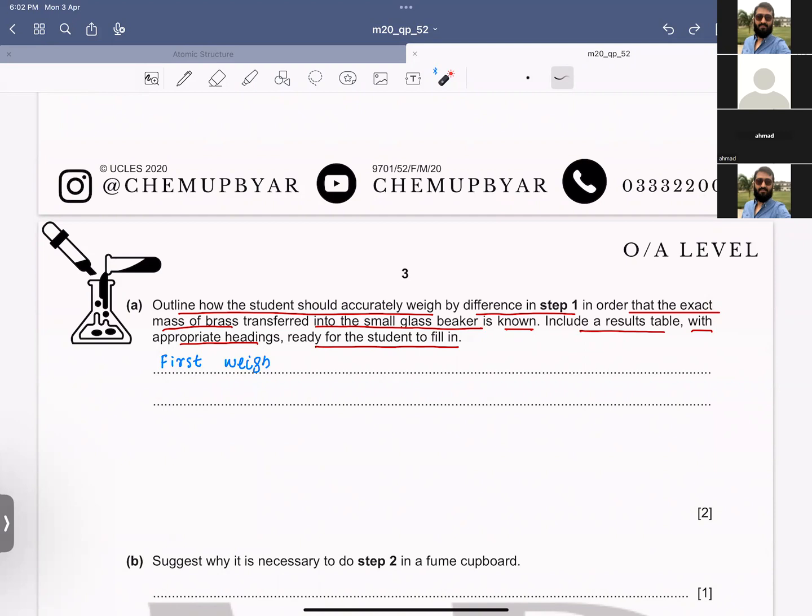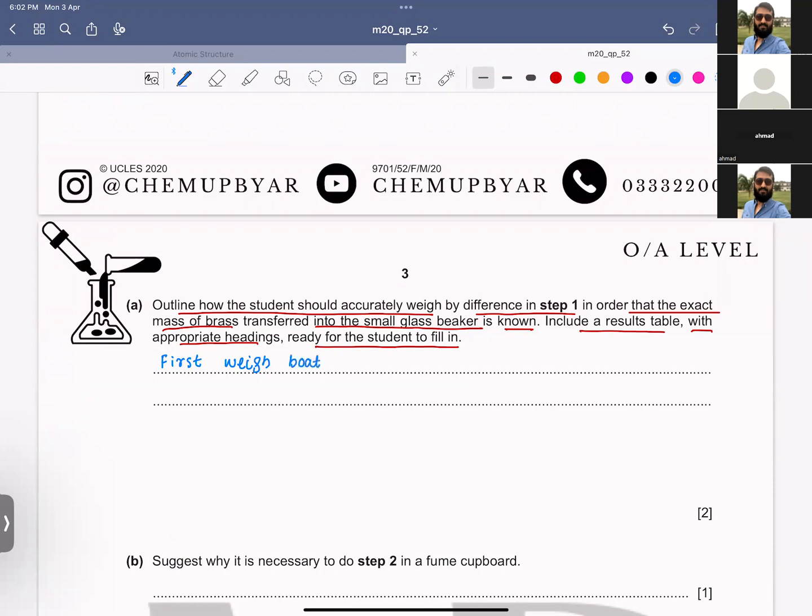Yeah, good. So if you have to weigh by difference, first you have to know what exact mass is transferred into the beaker. So what will we do? First way, good Soliha.